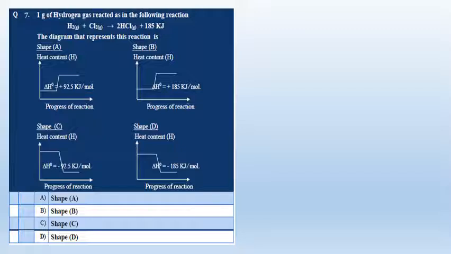Okay, so I must choose my answer between shape C and shape D, as both of them are exothermic reactions from the diagram. Which one of them is the correct answer?